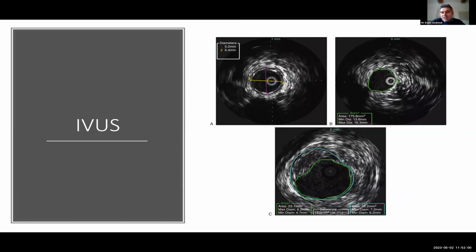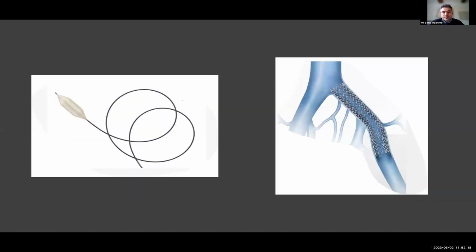This is just a slide to illustrate the sort of pictures that we get from intravascular ultrasound, where we can really see the vein from the inside out with a great level of detail. And this has meant that we actually now treat a greater length of vein with stents than we historically used to. And we think this has led to improved outcomes.